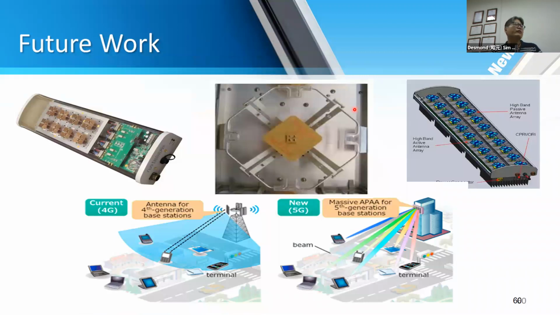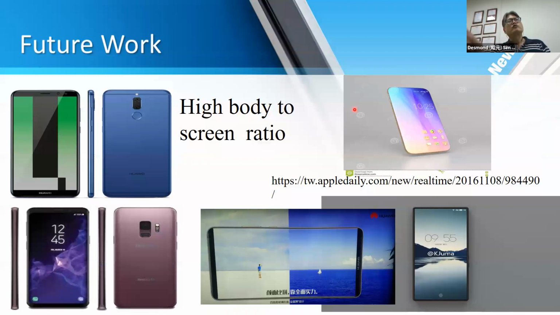What about the future, what can we do right now? First of all, if you're going to work on smartphones, you have to realize the fact that at the moment we have ventured into a high body-to-screen ratio, meaning that you have a really large screen, and it must be up to 91.7%, which means more than 90%.